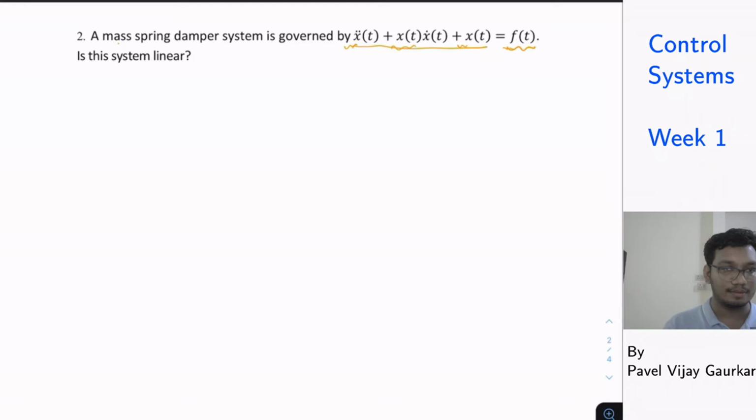Let us see what happens if we consider a linear solution. So x of t equals to this.